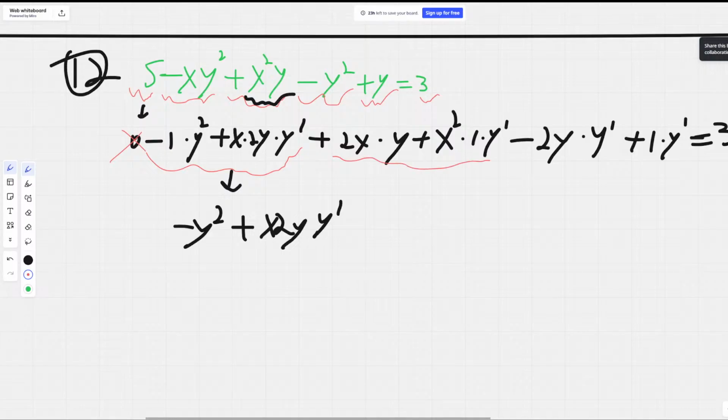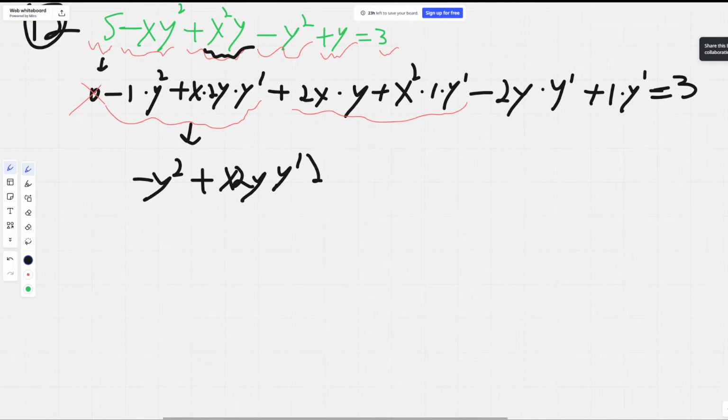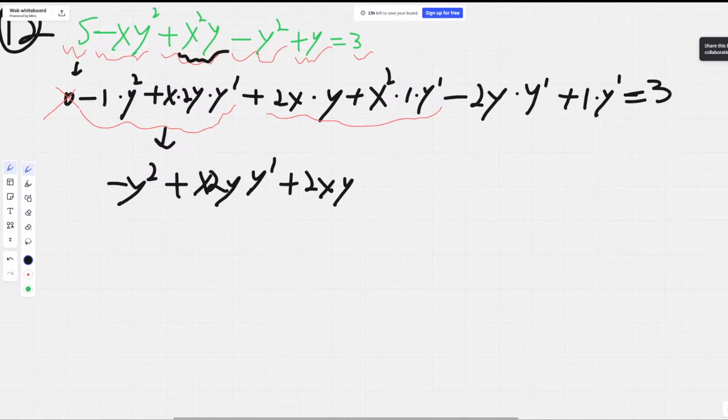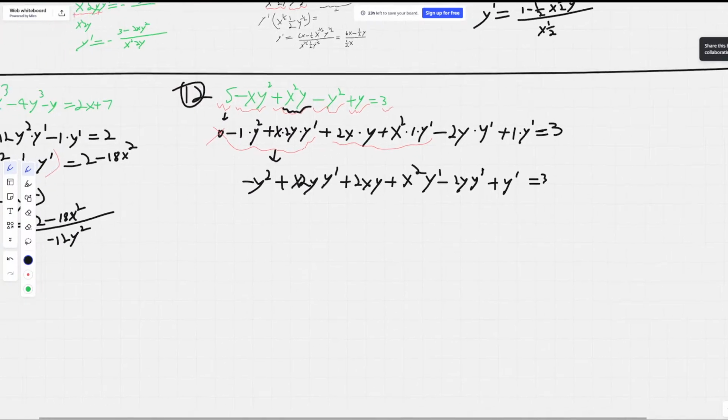Next one here, which will be, oops, plus 2xy plus x squared y prime. Next one will be minus 2y y prime plus y prime equals 3.